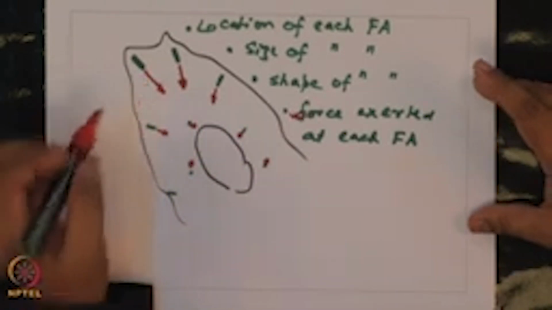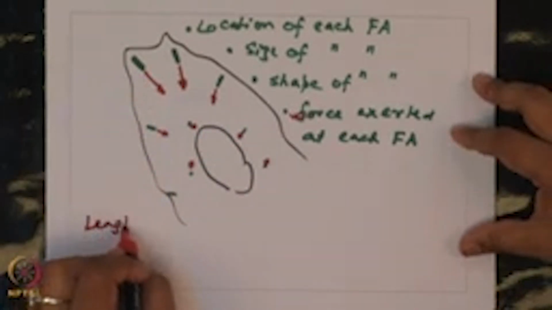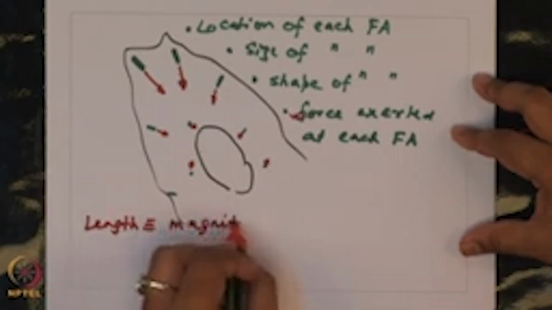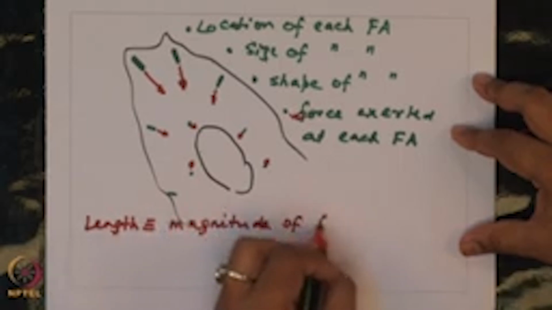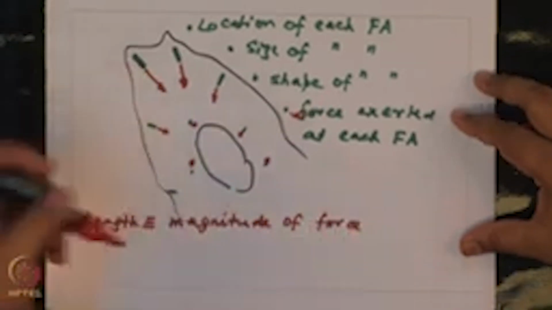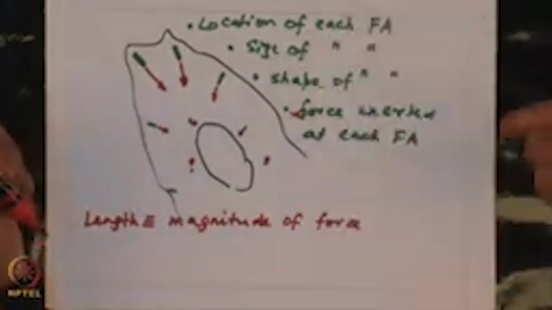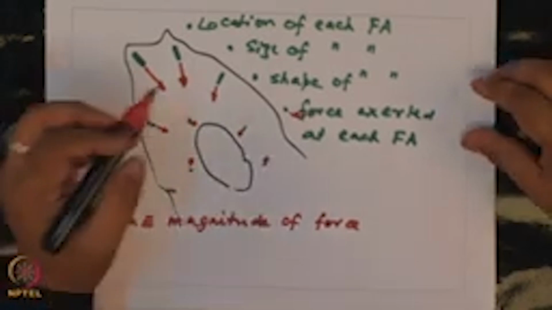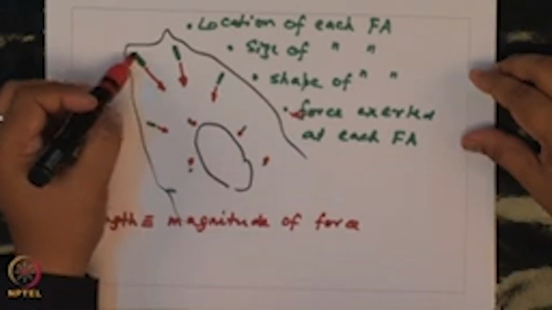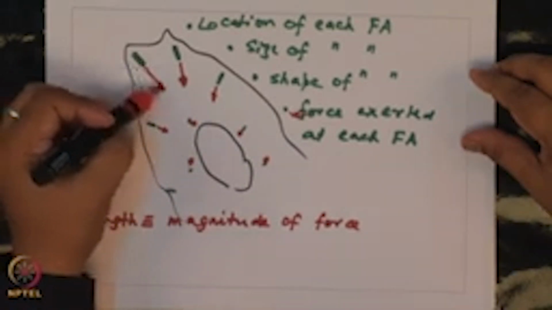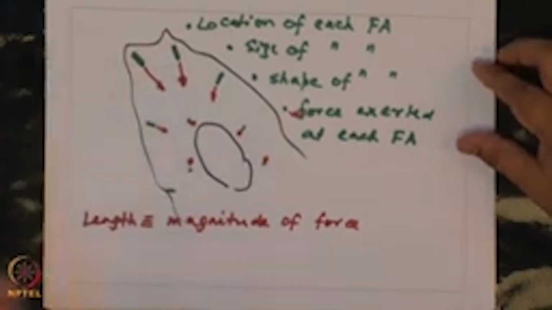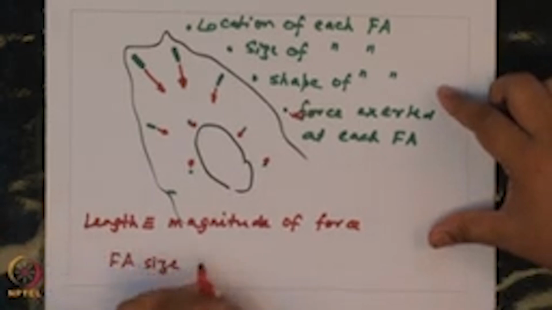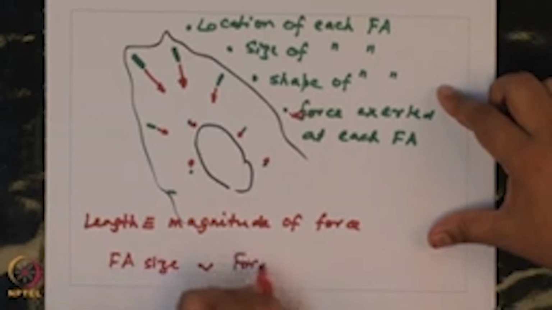The length of each arrow is equivalent to the magnitude of the force exerted, and the direction depicts the direction along which the cell has exerted the force. What you see from this picture is that the biggest adhesion has the highest force. So, there is a scaling between focal adhesion size and force exerted.